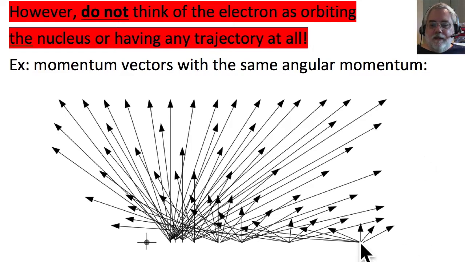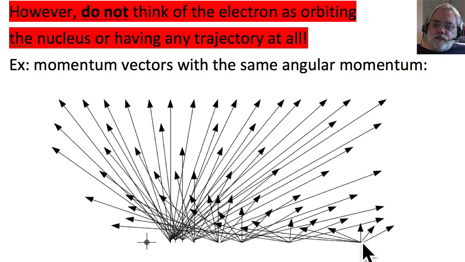We cannot say that an electron started here and had this momentum, because we already learned that in Heisenberg's Uncertainty Principle, if we know this x position very accurately, then we cannot know the x momentum very accurately, because the product of the uncertainties has a lower bound, h bar over 2.